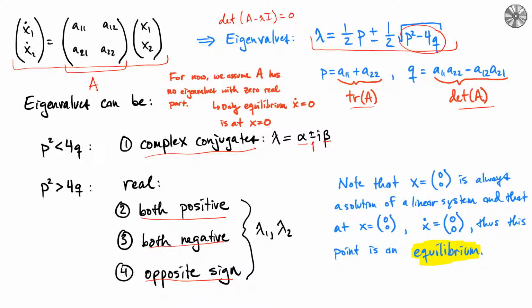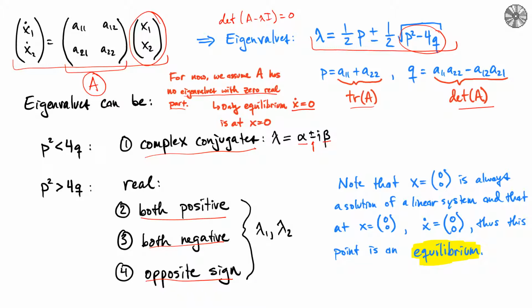So for now, we're going to be talking about linear systems that don't have eigenvalues with 0 real part. And that's going to help us say that there is exactly only one equilibrium, because this is getting a little deep in linear algebra, but then there's no vector here that could be in the null space of A to generate x dot equal to 0.